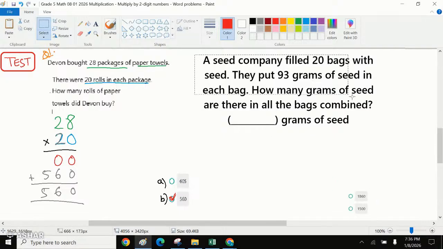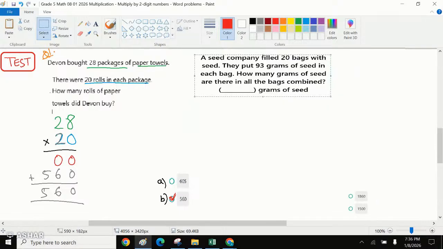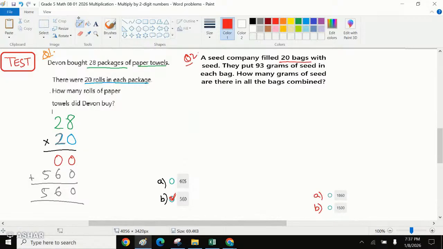If this is the question given to us, question number 2 says a seed company filled 20 bags with seeds, right? 20 bags were filled with seeds. This is option A. Option B, there are 20 bags and each bag has 93 grams of seeds in it.